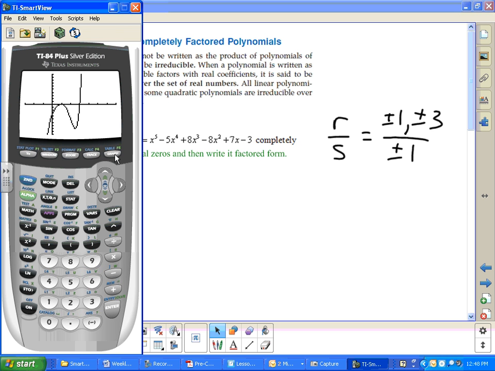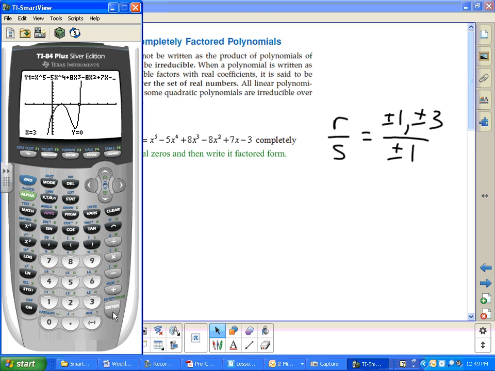Now we know from R and S that those two numbers that I see there must be either at 1 and 3, right? There's no other options but 1 and 3. So if I hit trace, type in 1, yep, there's a 0 at 1, and there's a 0 at 3.